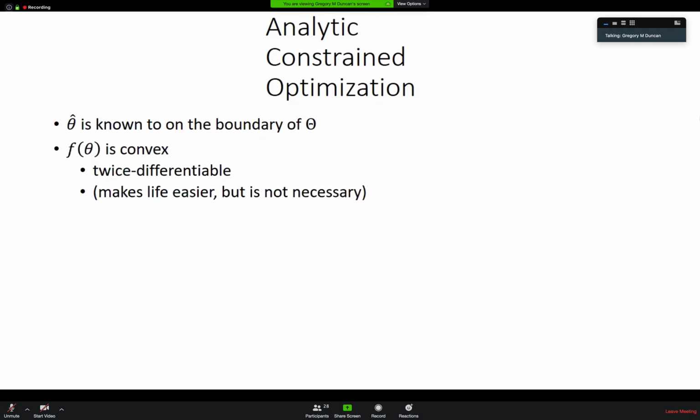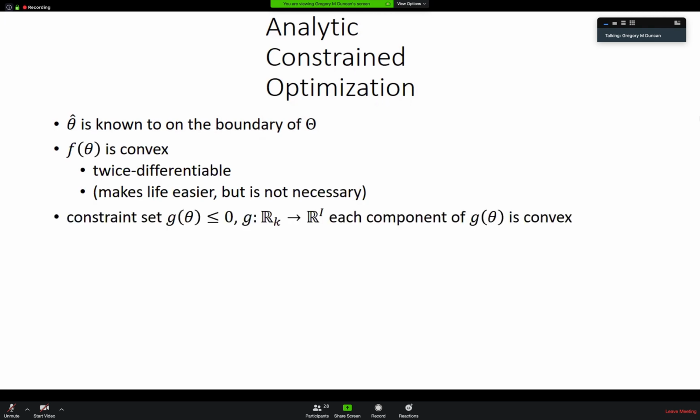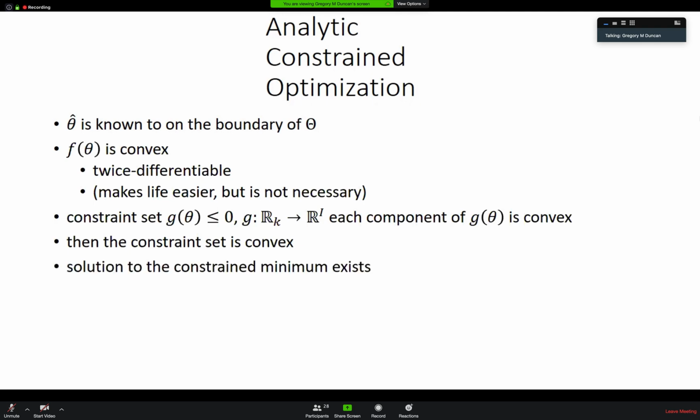Again, F is convex and twice differentiable, and the constraint set is such that each component is convex. So the constraint set is convex. The point here is the solution to the constrained minimum exists and is equal to the solution to a certain saddle point problem I won't go into here.